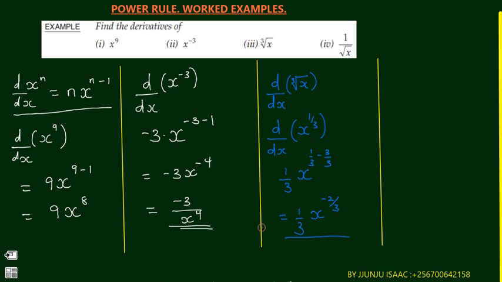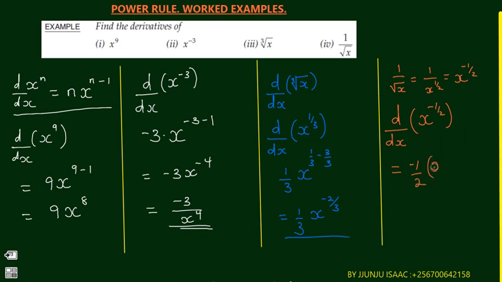Then finally we have the derivative of 1 over root x. So 1 over root x is the same as 1 over x power a half, which is the same as x power negative a half. So the derivative of this can be written as, look at the power, negative a half, so we multiply that power.